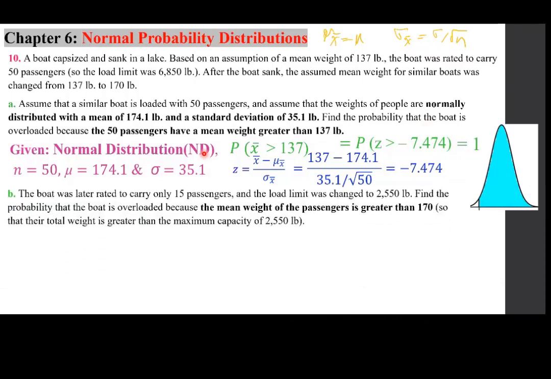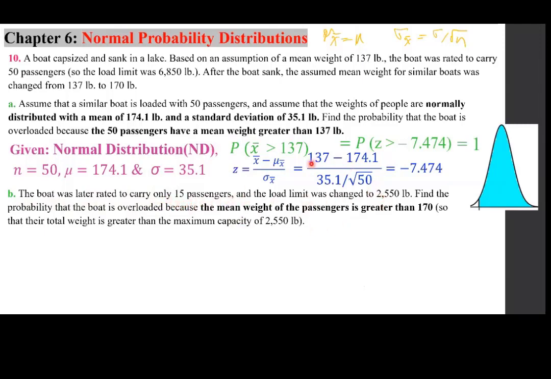Now we're going to change that, and we are going to look at the case with n being 15. So we are changing the n. Going back to this, we are repeating the same thing. The boat was later rated to carry only 15 passengers.